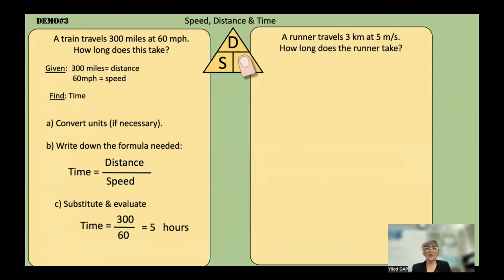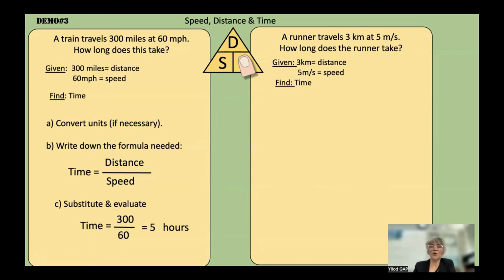All right. So looking at the units here, let's first write down the given. So kilometers here is the distance and speed is meters per second. Again, we need to do some conversion before we can proceed.